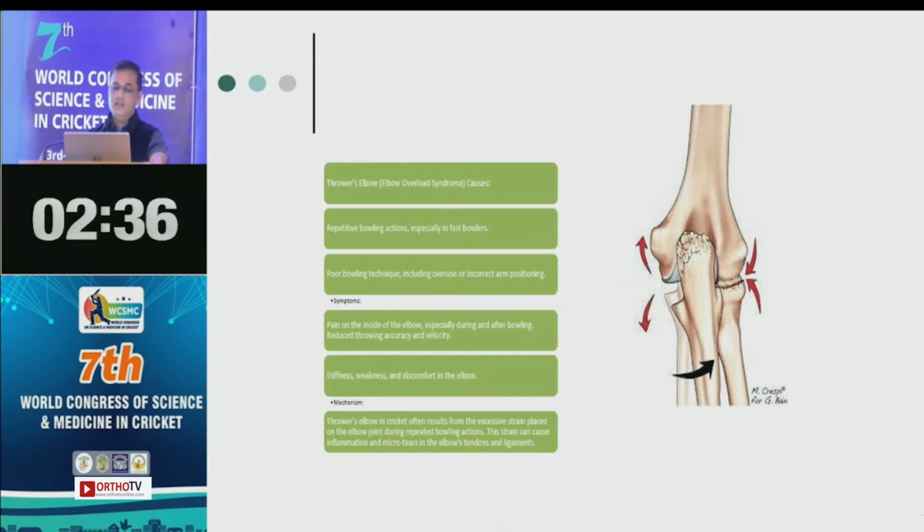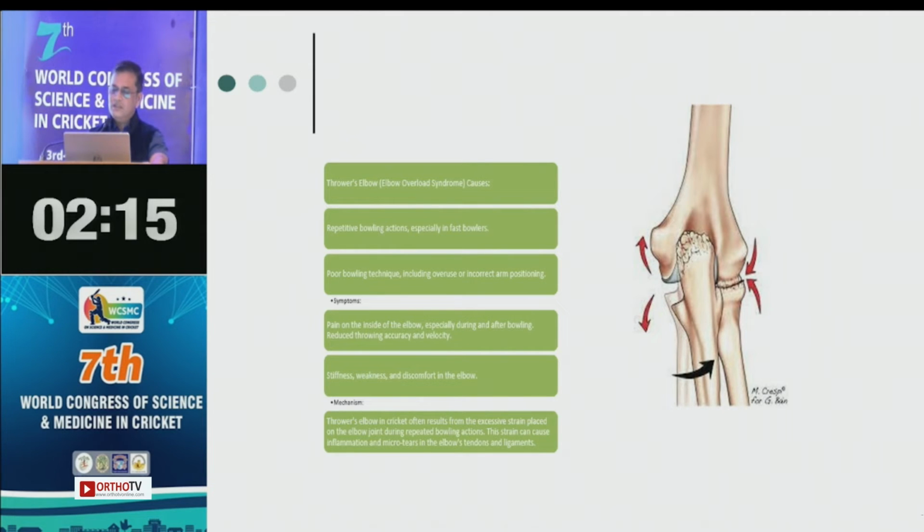This one entity we call elbow overload syndrome. Sometimes people get confused with tennis elbow because everything related to the elbow is named tennis elbow. This is particularly common whenever there is improper functioning of the medial collateral ligament of the elbow and a fault in the technique of bowling.